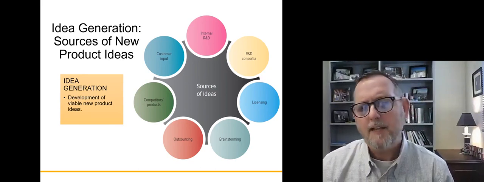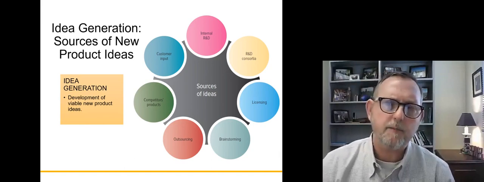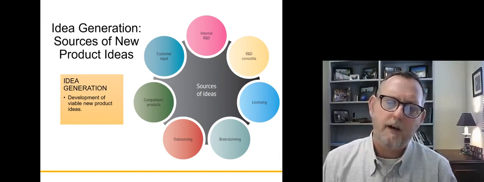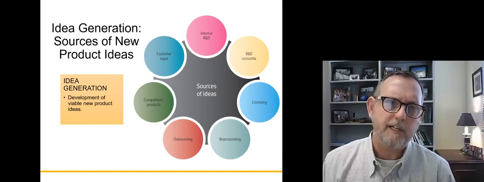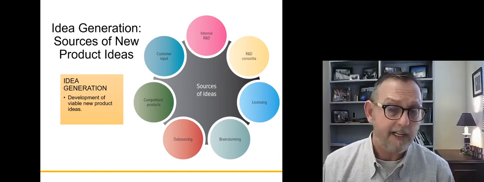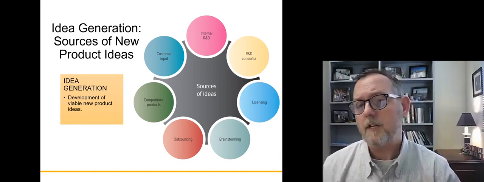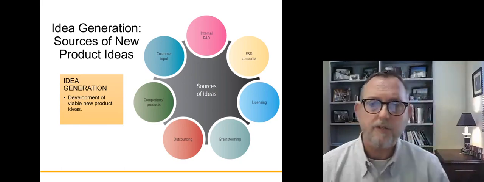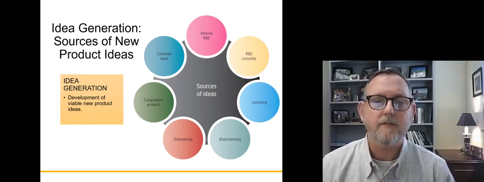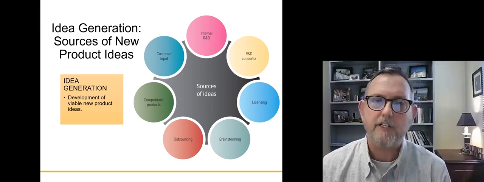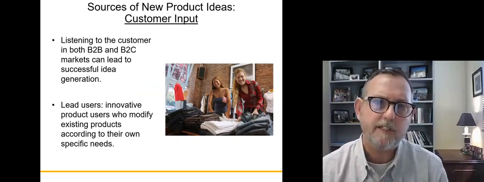We're going to talk about a few of these today, and then we're going to move on to the other steps in the process. Again, we could spend literally a week or two on each step, and so we clearly won't do that, but I wanted you to get an idea of what's involved in new product generation.